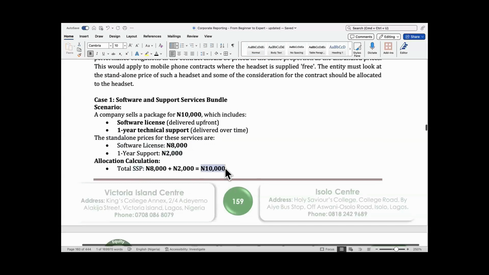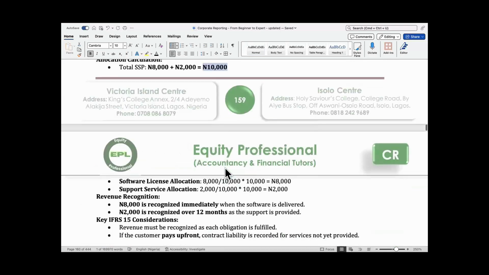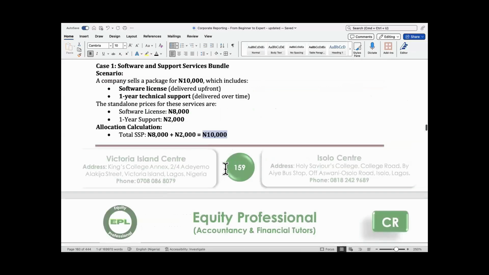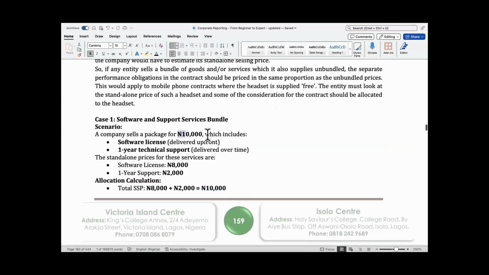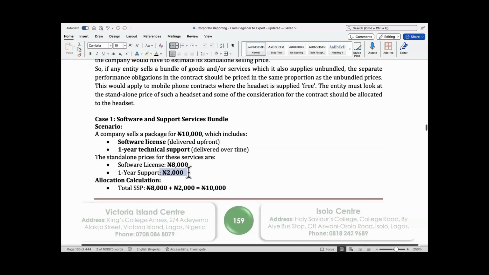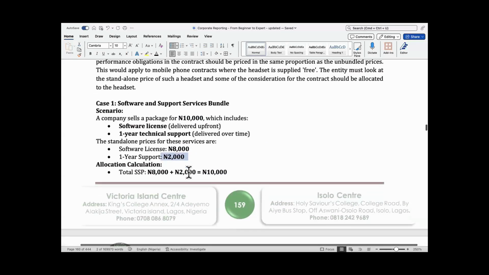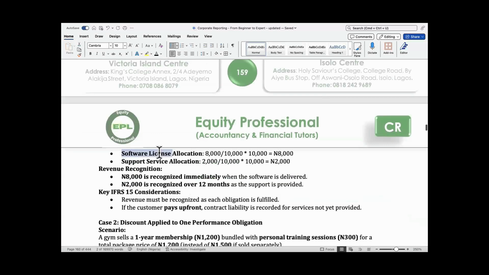Now, to allocate, this one is very straightforward because it is 10,000, and we know that 8,000 is software, 2,000 is support. So ordinarily we would do a kind of proration. For the software, we'll do 8,000 over 10,000 times the price in the contract.